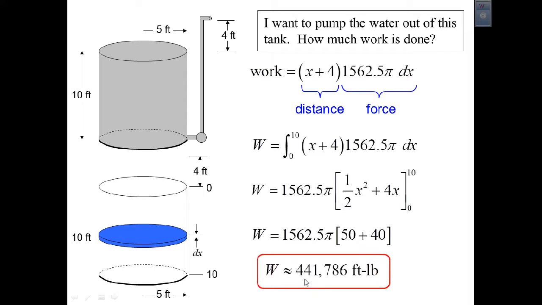And that gives us approximately 441,786 foot-pounds of work. So the work would be 441,786 foot-pounds. That's the amount of work that it would take to pump the entire tank out.